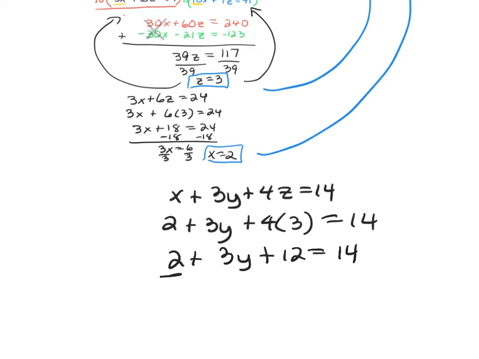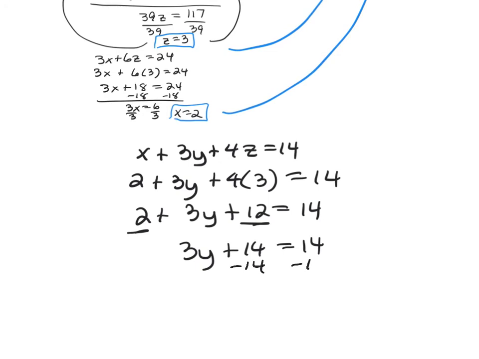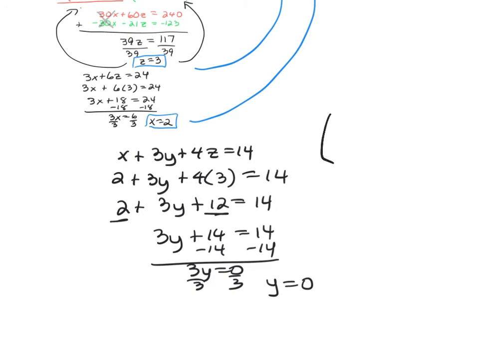I'm going to combine my like terms. I'm going to move the 14. 3y equals 0. Divide, and y equals 0. 0 is a valid answer. So my answer here, again, it's written as x, y, z, ABC order.